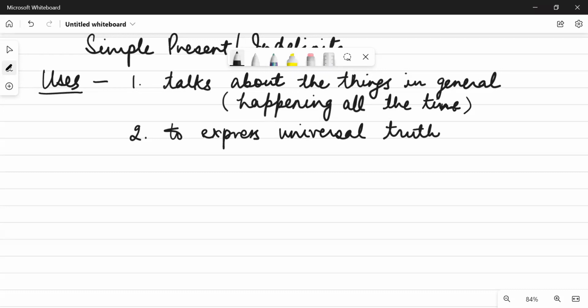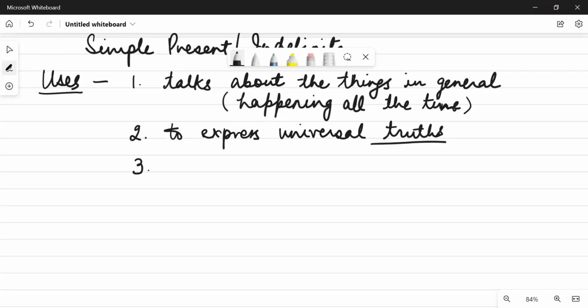Water boils at 100 degrees Celsius, that is a scientific truth. It doesn't rain much in Rajasthan, that is a permanent, general truth. So for universal truths we always use simple present tense.